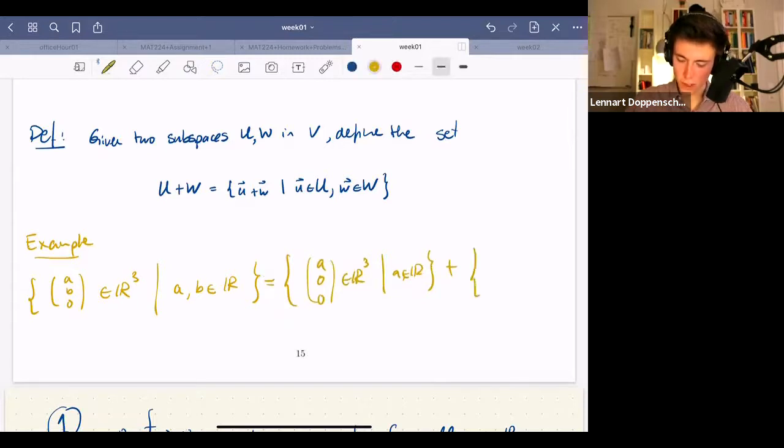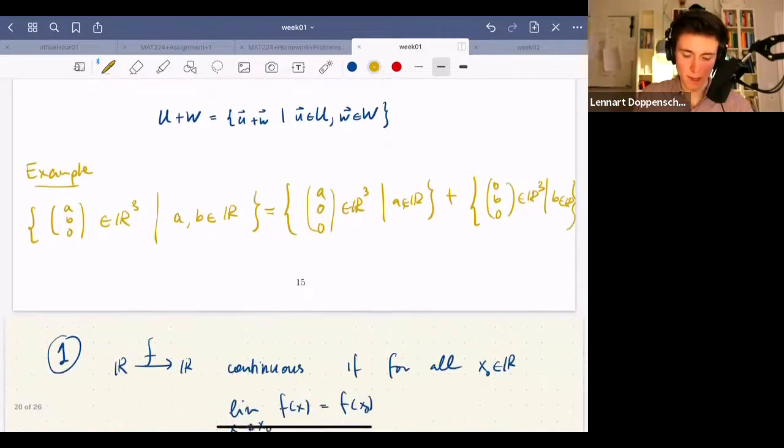And then, of course, we need another subspace, which has just the second entry non-zero. This is simply because if you have a vector with two non-zero entries, you might as well write it as a sum of this plus this.